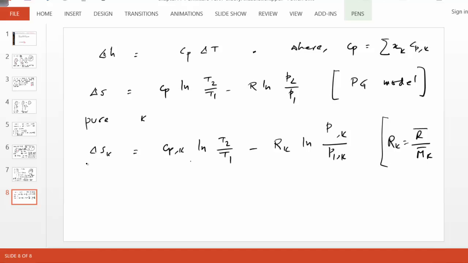So now that we know how to figure out entropy change, we already know how to find entropy change of a pure substance, but if it's in a mixture, all we do is the pressures are replaced with the partial pressure of each component for a given component.